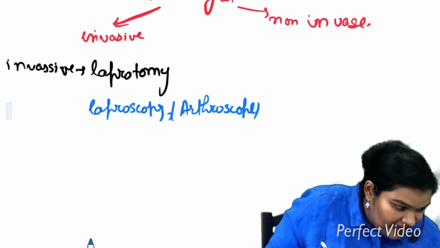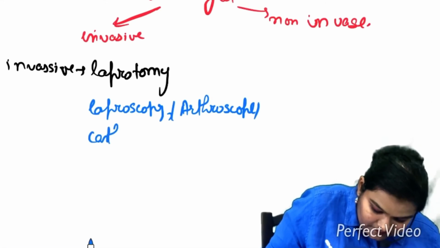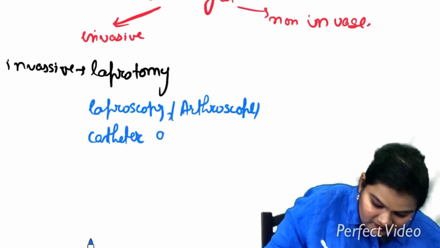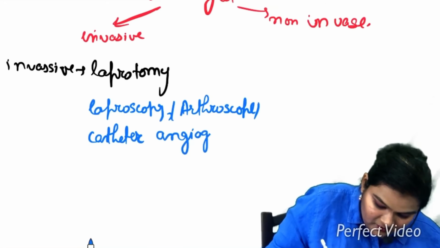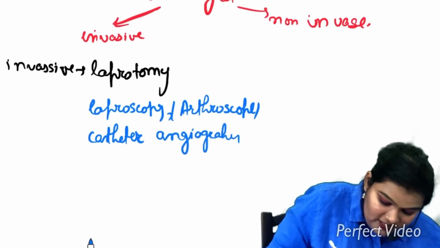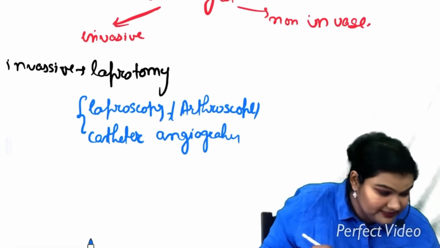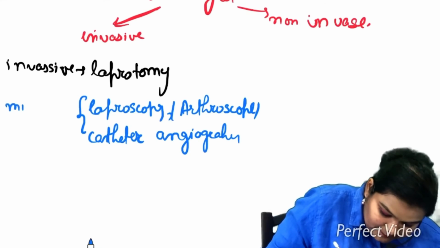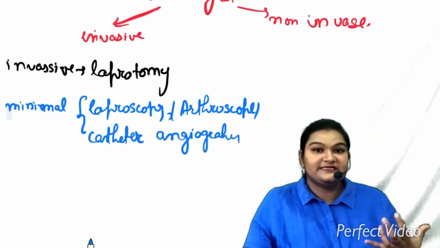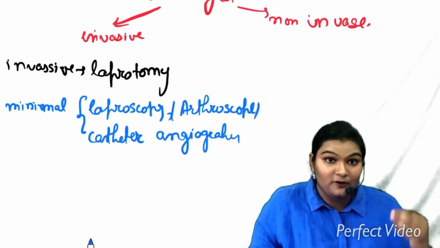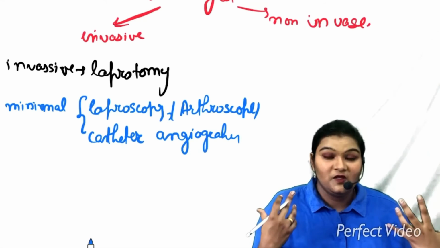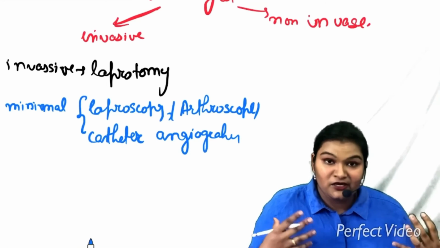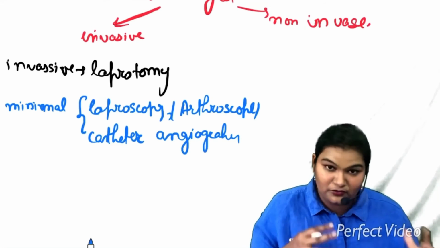Another type we have is catheter angiography. All these techniques are minimally invasive. Minimally invasive means just a mere small cut is used for the proper imaging through these techniques.